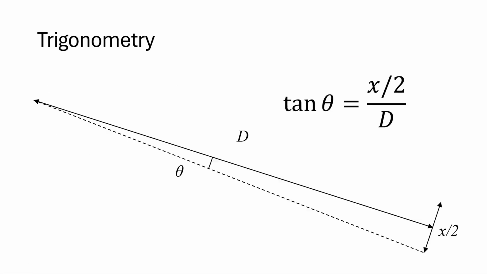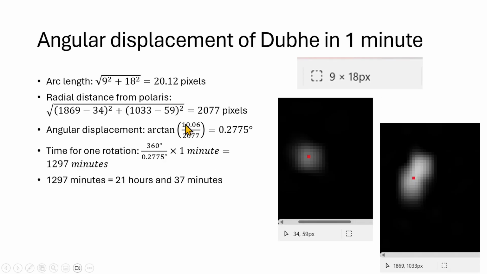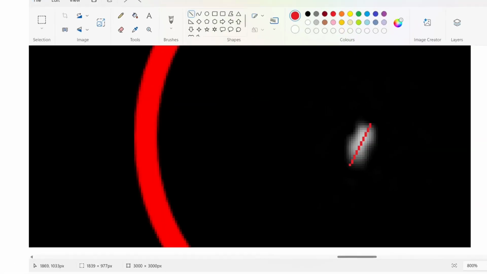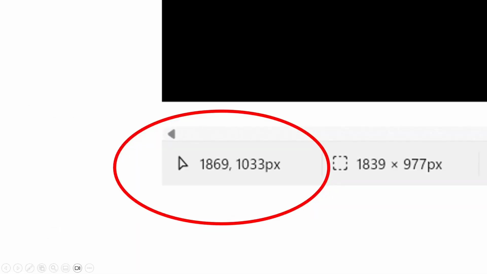So 10.06 is half x, just like that, and 2077 is big D. Oops, moving all over the place. Where am I supposed to be?